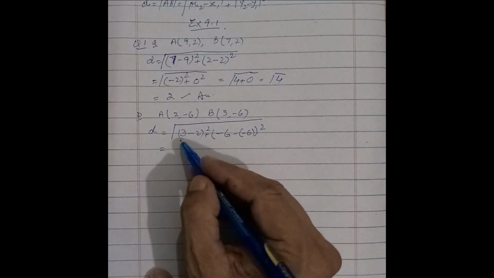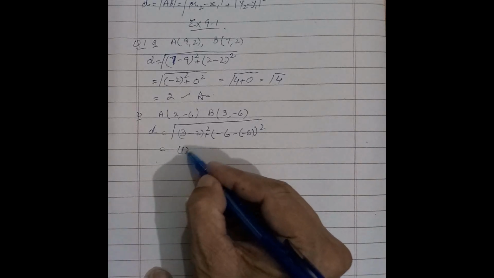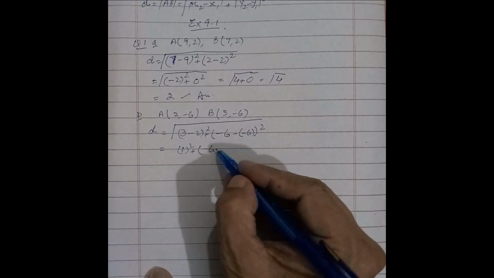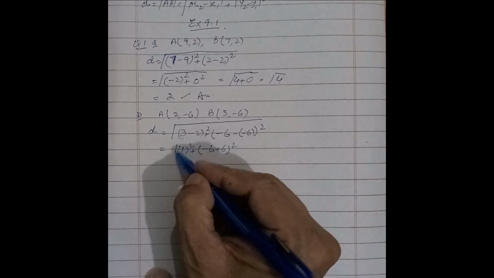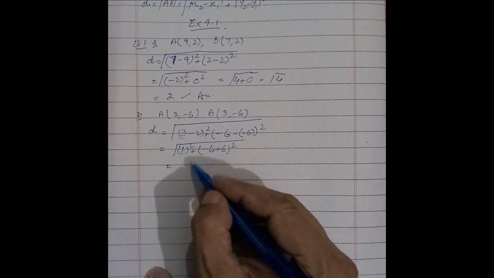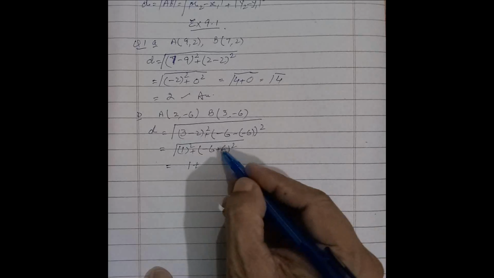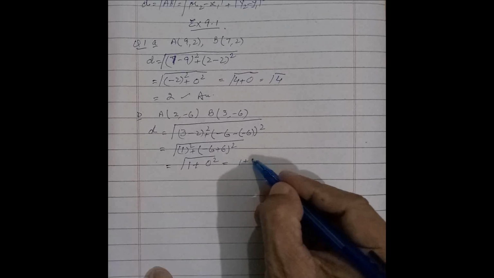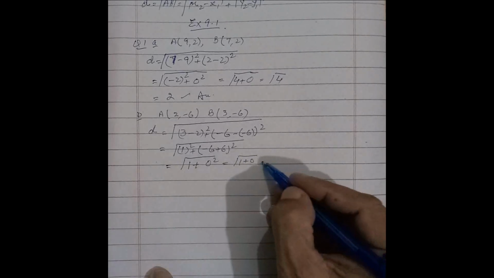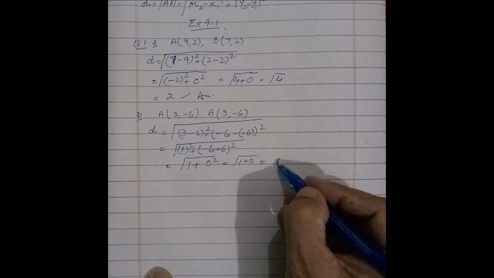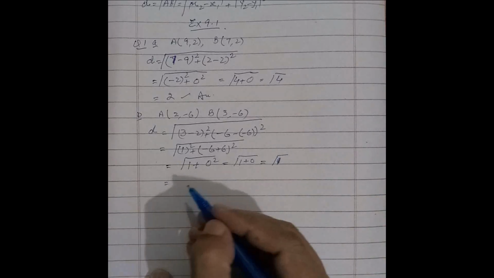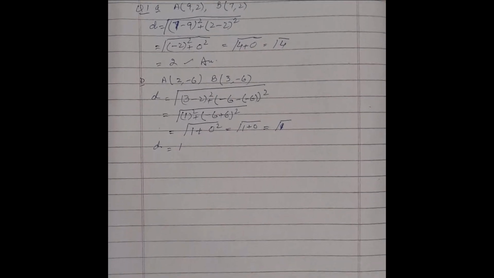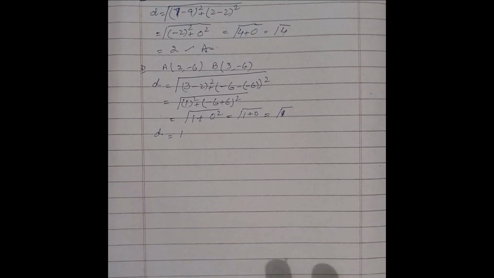Now simplify them. 3 minus 2 is equal to 1 whole square plus, minus 6 minus times minus is plus 6, so -6 + 6 is 0 whole square. Square root of 1 square, which is 1, plus 0 whole square, and 1 plus 0 is equal to 1, square root of 1 is 1. So in this question, the distance between A and B is 1.